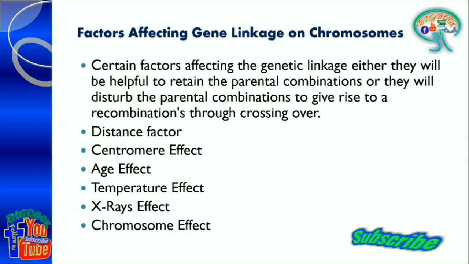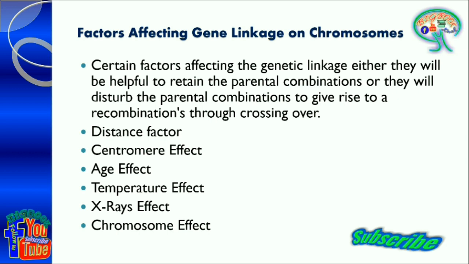So here you can understand that in the pea plant we have studied the parental combination, recombination and also the recessive parental combination. So here we see both the dominant and recessive homozygous and the heterozygous form of the recombinant one.